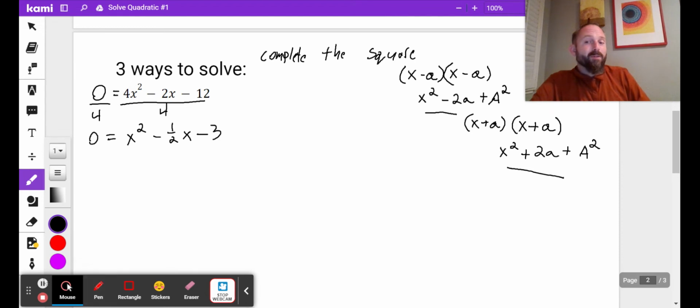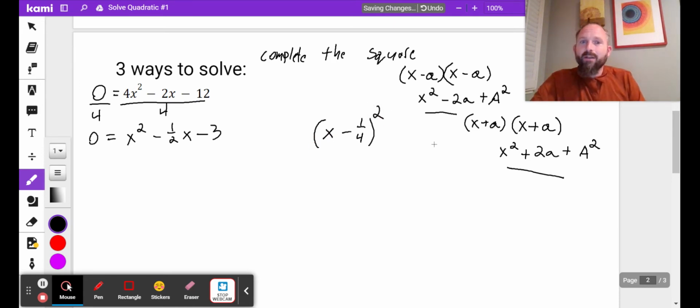So hold up a second. If it's a half, I know that half of a half is 1/4. So I already know I'm going to be subtracting 1/4. I'm going to have this squared like this.